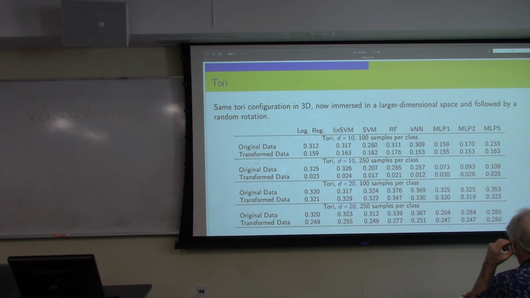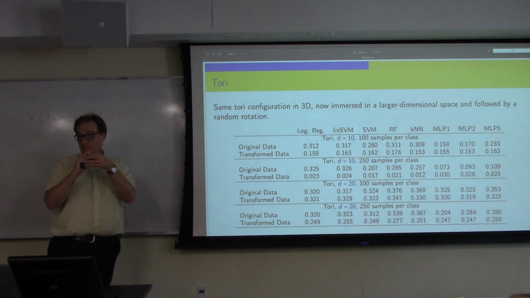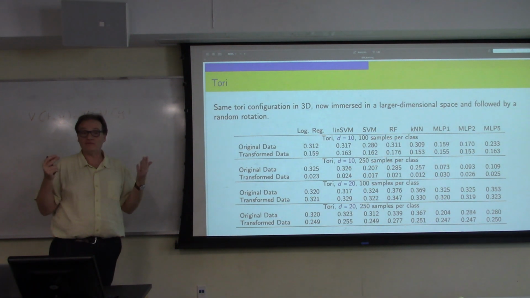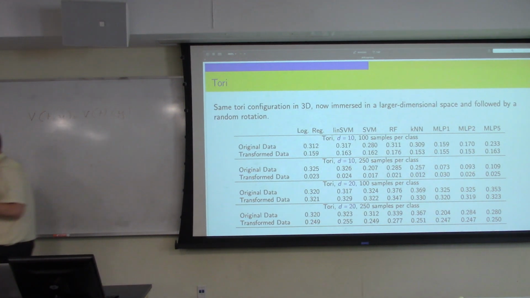Okay, so going back to the example of the 2 rings. Now you think of these 2 rings in 3D, and you imagine that you have extra dimensions, which are just noise. So how does the algorithm perform in that setting?